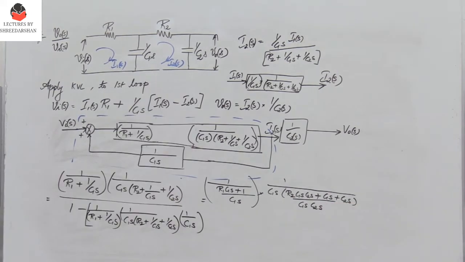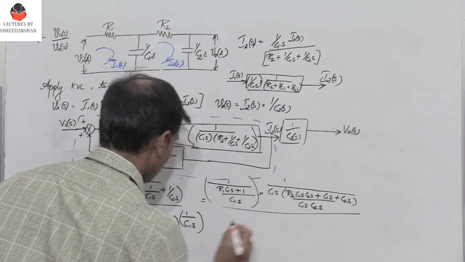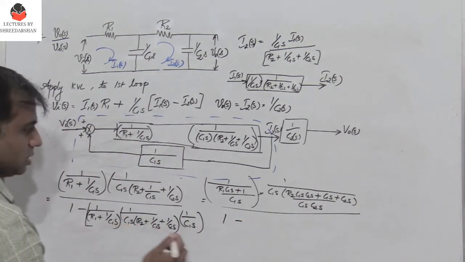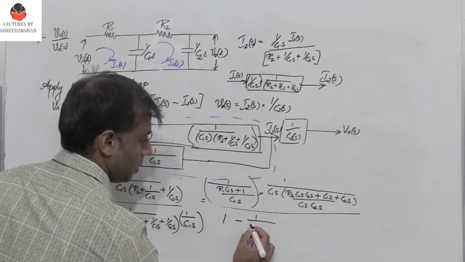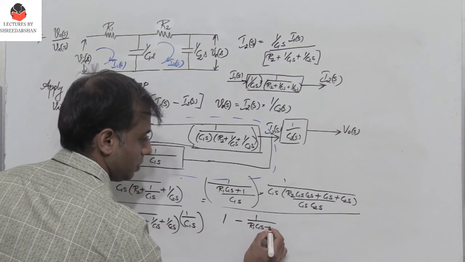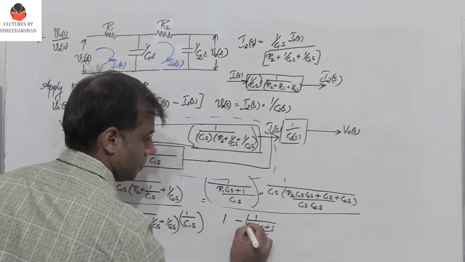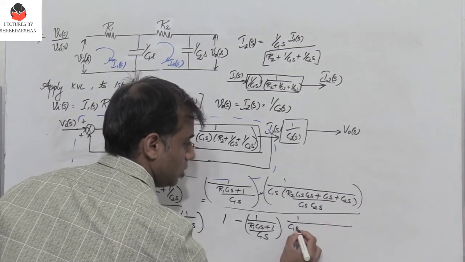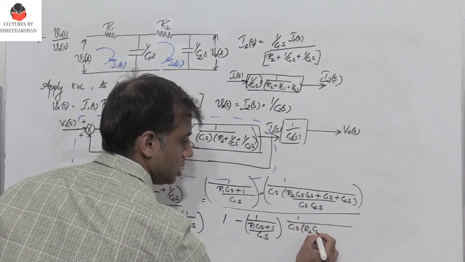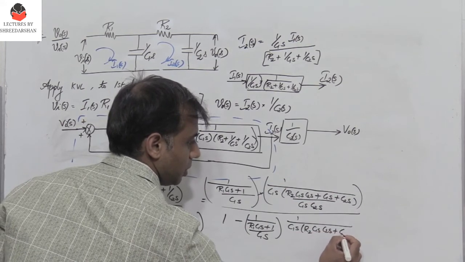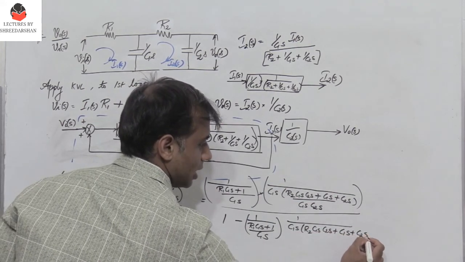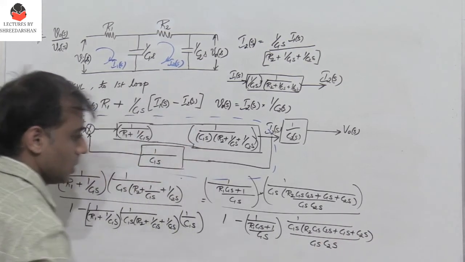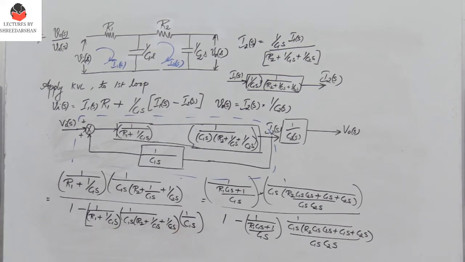So this is fine, and then again in the denominator I have 1 minus, again this simplification remains the same as this, so I have 1 divided by R1 C1S plus 1 divided by C1S into this term, which is 1 by C1S into R2 C1S C2S plus C1S plus C2S, the whole thing divided by C1S C2S, and the whole thing into 1 by C1S.